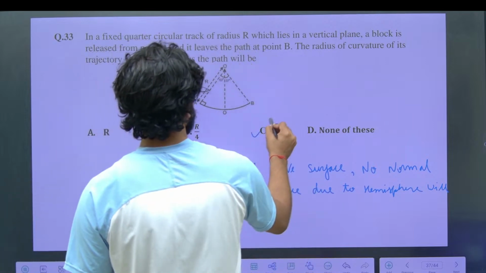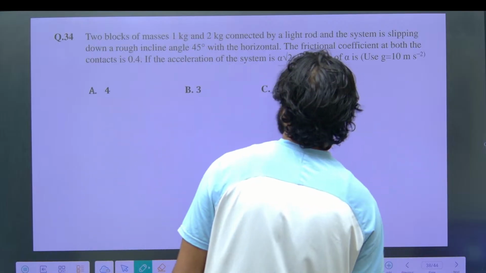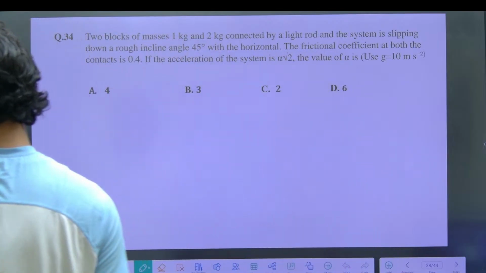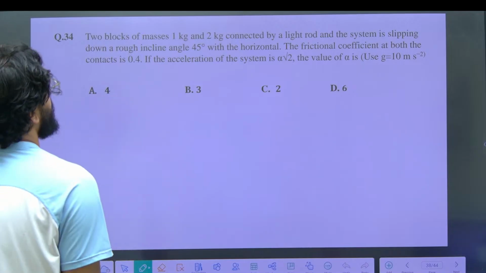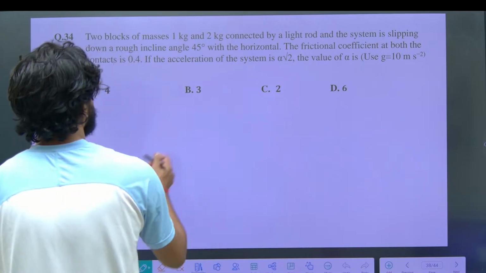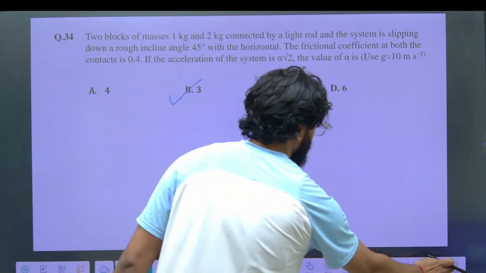Answer for this is this. Okay, very easy question. So attempt it.